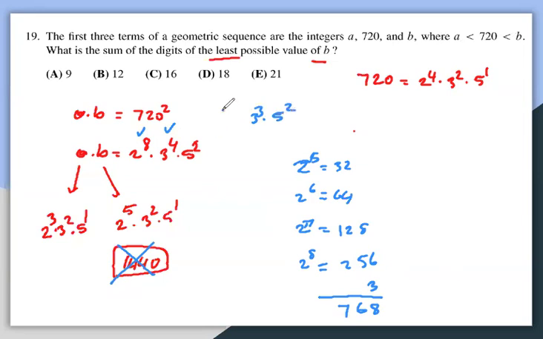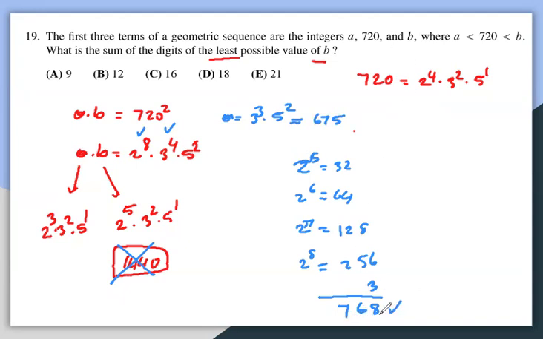That's 27 times 25. 25 times 25 is 625, plus 2 more 25's, which is 50, so 675. We are happy that this is smaller than 720, which it has to be, so that actually works. So this is the smallest number that we can get for B.